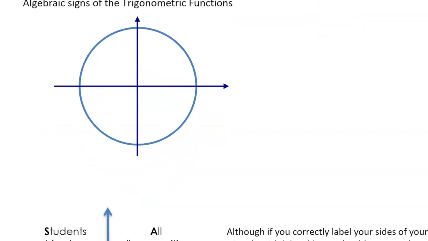Okay, this is a review from Pre-Calc 11, but what we want to do is make sure we understand what's happening in each of the different quadrants as we go around our circle. So right here we have quadrant 1, 2, 3, and 4. And what I'm going to do is draw, sometimes I call this a bow tie.